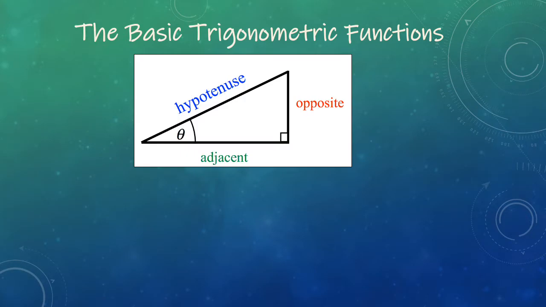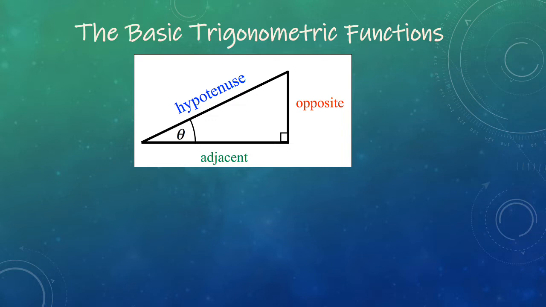In this chapter, we discuss the basic trigonometric functions. We start with a right triangle. All right triangles have a hypotenuse, and we will look at one of the angles, which we will call theta.